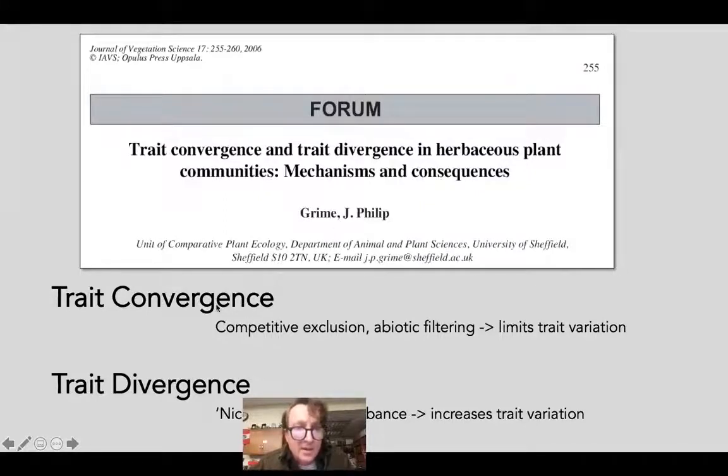And he talks about different ecological processes that will lead to trait convergence or trait divergence. Okay. And so again, in community ecology, and sometimes also in population biology, in the trait-based approach, we're often talking about convergences of traits or divergences of traits, and what that may mean in terms of the underlying processes.